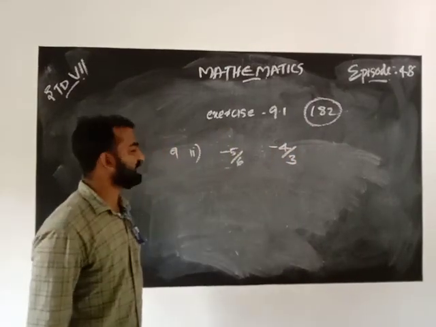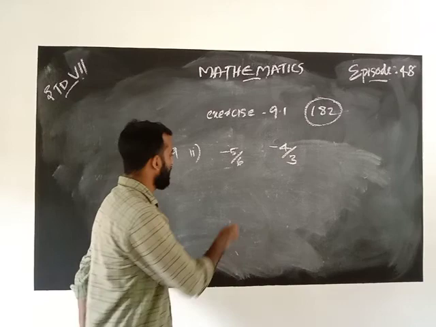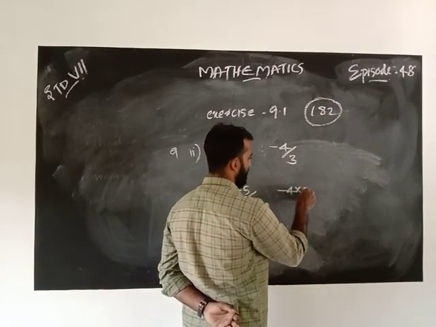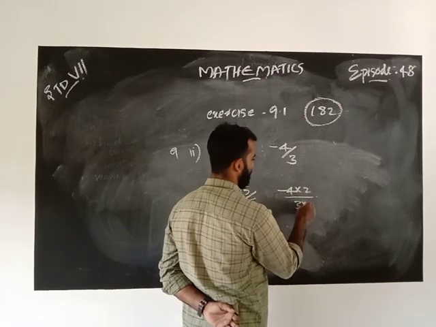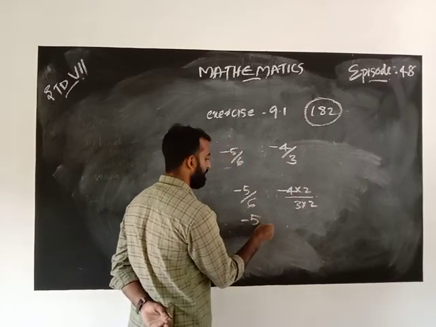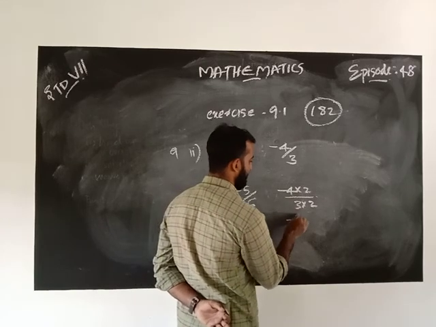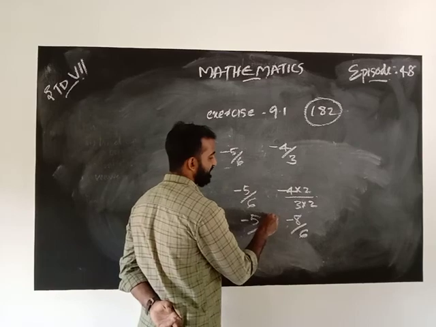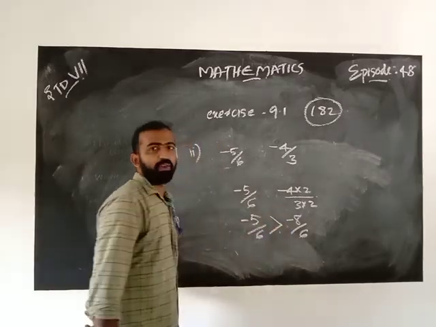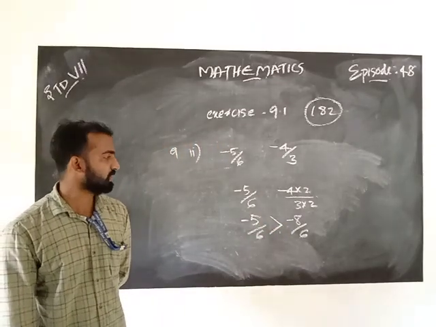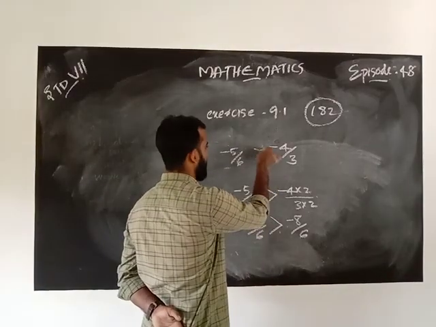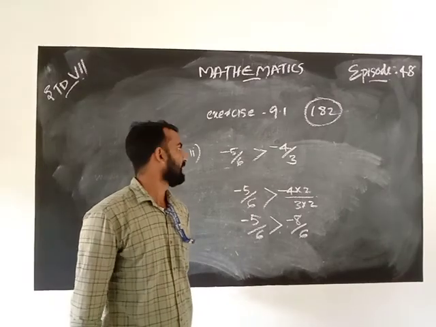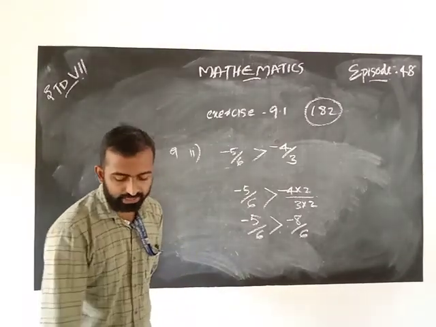Here we get LCM as 6, so negative 5 by 6 and negative 4 into 2 divided by 3 into 2, negative 5 by 6 and negative 8 by 6. Negative 5 is greater, so we can write it like this: negative 5 by 6 greater than negative 4 by 3.